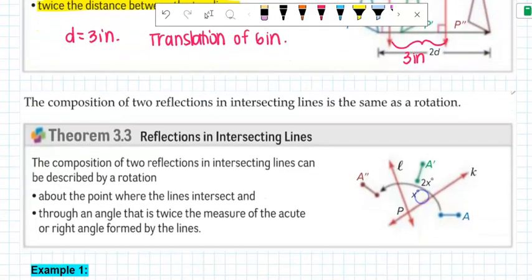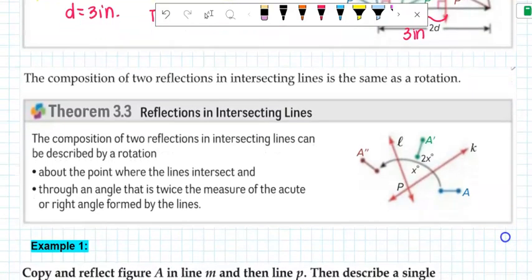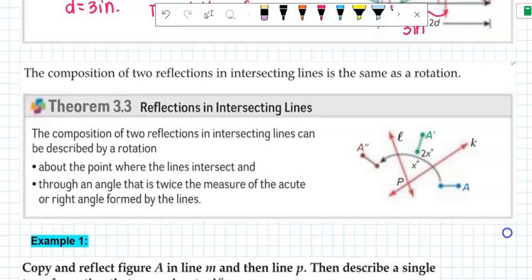We also might have that the lines are intersecting. Okay, if the lines are intersecting, then it's going to look a little different. Okay, so same kind of idea. We start with this blue one, it's reflected to create the green one, and then the green one creates this maroon one. So two reflections in intersecting lines actually causes a rotation.